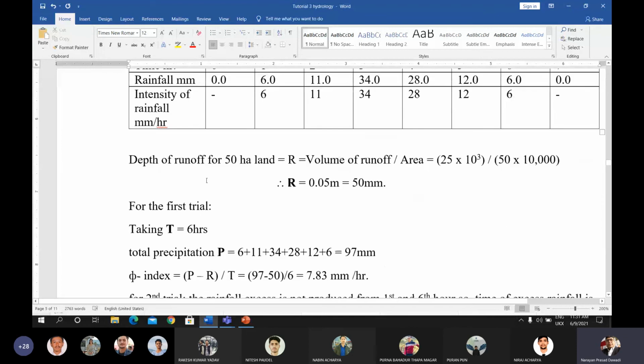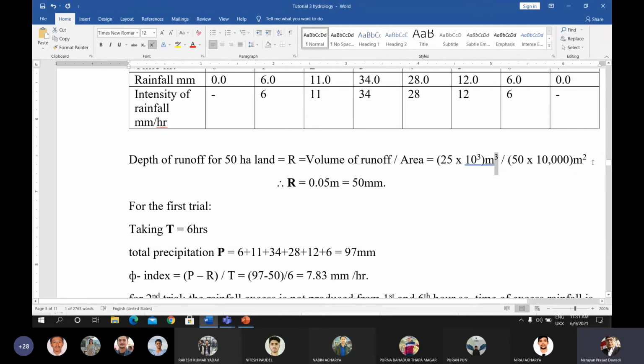Okay. Now the depth of runoff from 50 hectare land is R, equal to volume of runoff divided by area of the catchment. Volume of runoff is 25 into 10 to the power 3 cubic meter, divided by 50 hectare, which is converted into meter square by multiplying by 10,000.